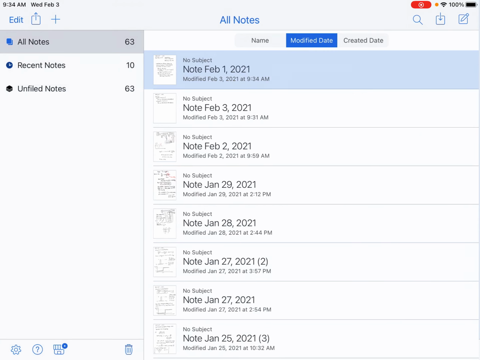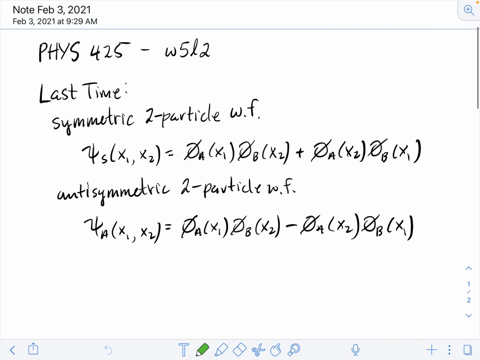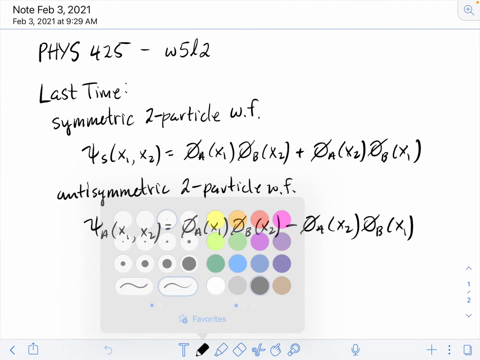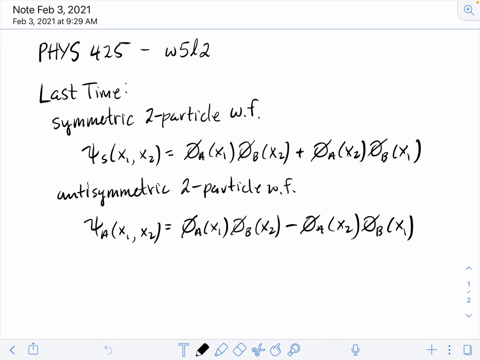Let me remind you of the two wave functions that we had written down. First we had a symmetric wave function, constructed using products of single particle wave functions, so phi a x1 and phi b x2, and then we added to that another product of phi a x2 and phi b x1.